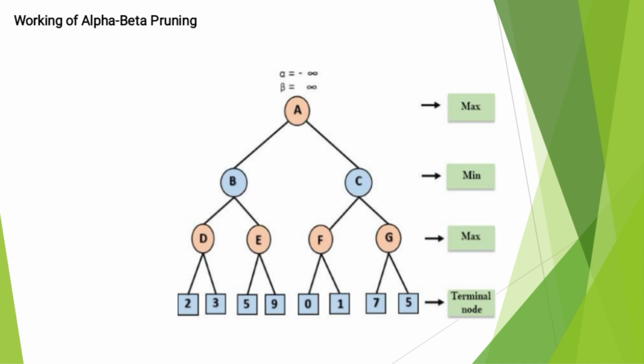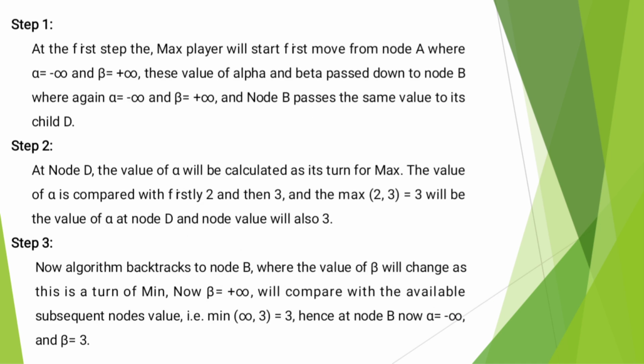Step one: the max player will start first to move from node A, where alpha is equal to minus infinity and beta is equal to plus infinity. These values of alpha and beta are passed down to node B, where alpha is equal to minus infinity and beta is equal to plus infinity. Then node B passes the same value to its child D.